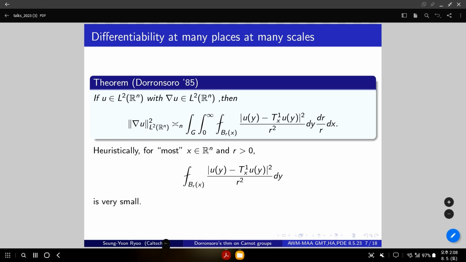Because the integrals over dr and dx are infinite, the expression inside the integral has to be small for most points x and scales r.